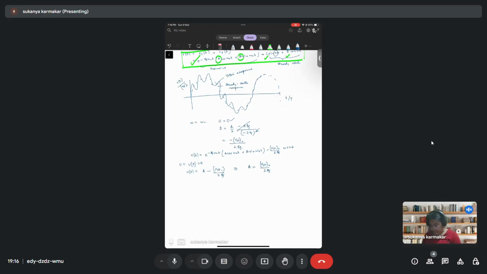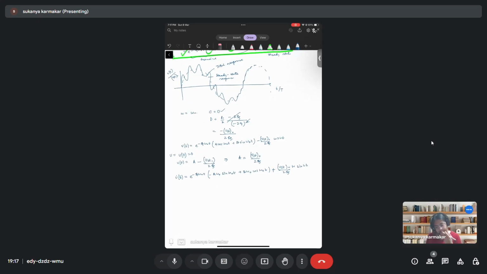Then I want to calculate the value of b as well. So u dot t is equal to e to the power minus zeta omega nt. This will be a omega d sine omega dt minus plus b omega d cos of omega dt minus ust naught by 2 zeta into omega sine omega dt with a plus sign.